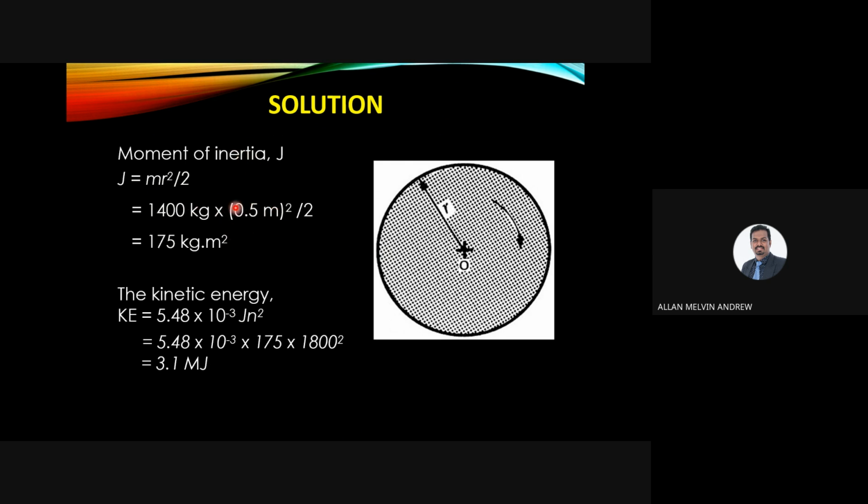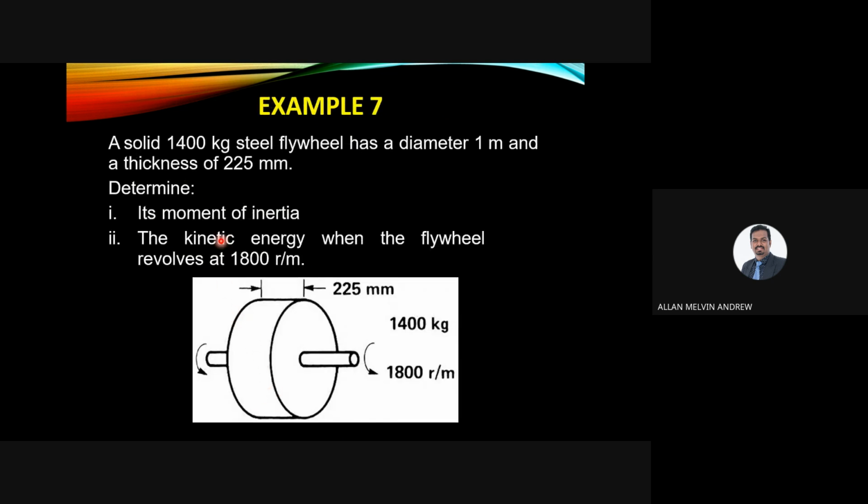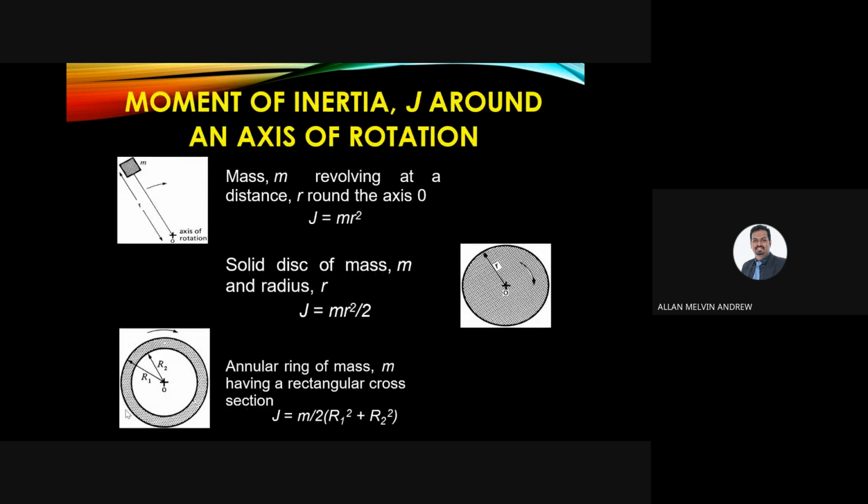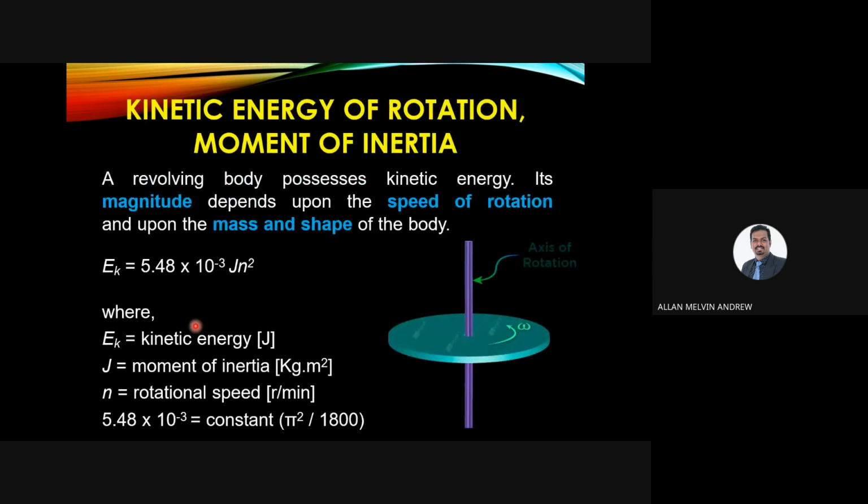So the moment of inertia is already defined. Now we need to find the kinetic energy, because the question asks for the kinetic energy when the RPM is 1800. Kinetic energy, KE or EK, equals 5.48 times 10 to the power of negative 3 times J n square. Where do you get this formula? From the previous slide. This one.